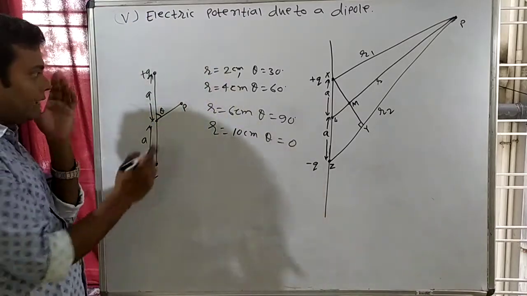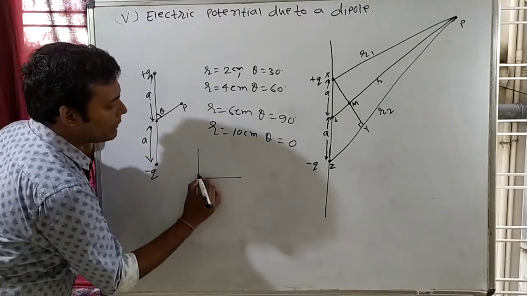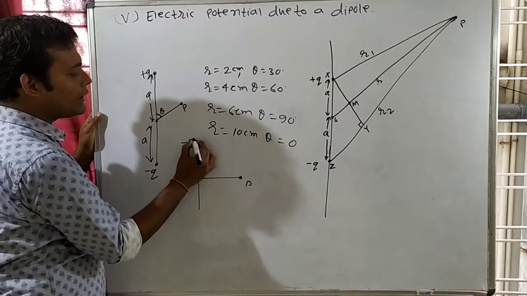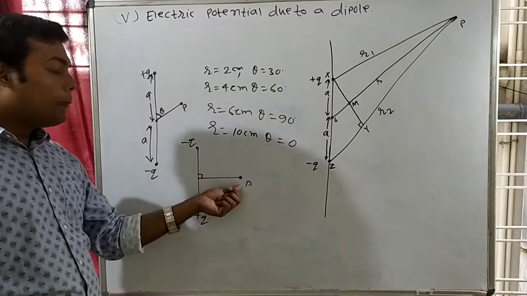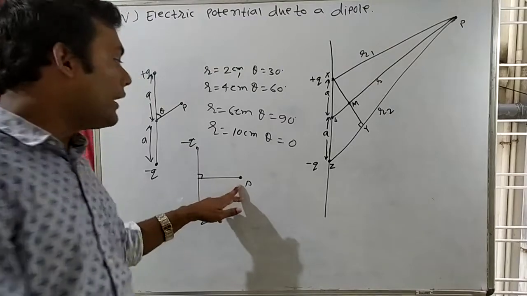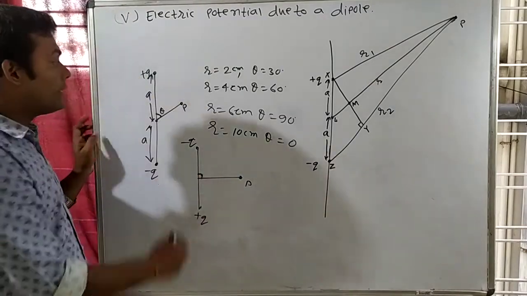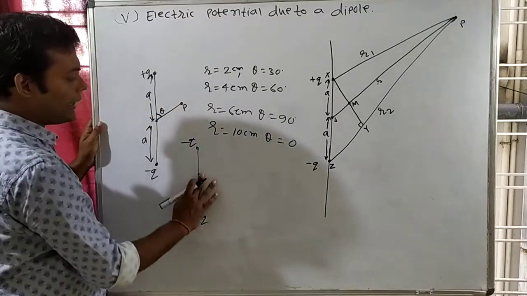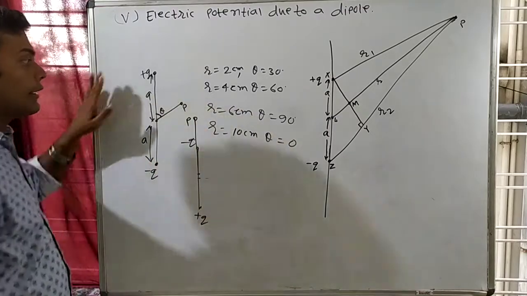If theta is 90, that means point P will come here, with minus q and plus q, right? Theta equal 90 means point P is on the perpendicular bisector of the dipole. And theta equal 0 means point P will be on the axis.